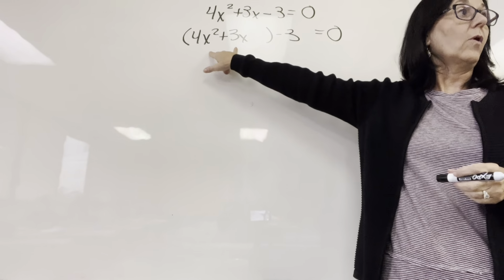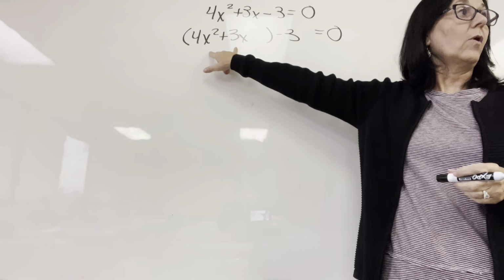Remember, factoring is just like division. So inside the parentheses, our b value is now 3/4. So oftentimes you're going to have a fraction.